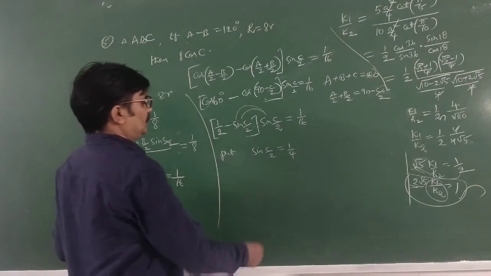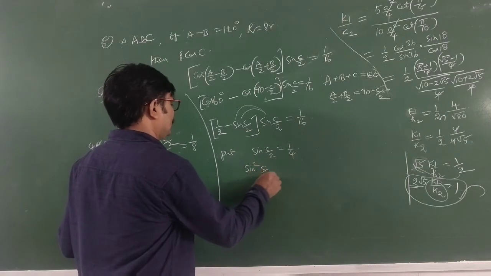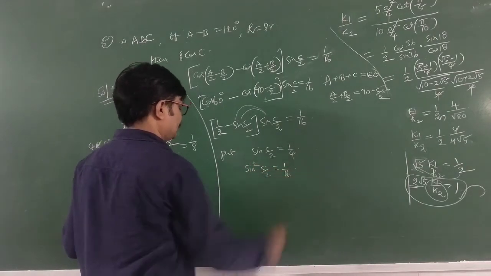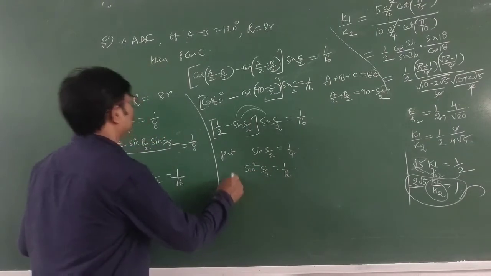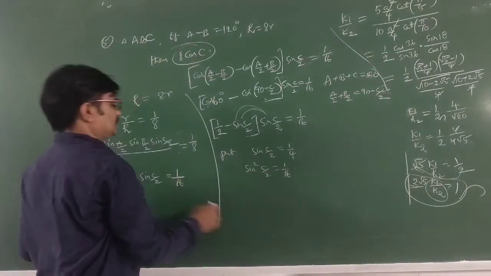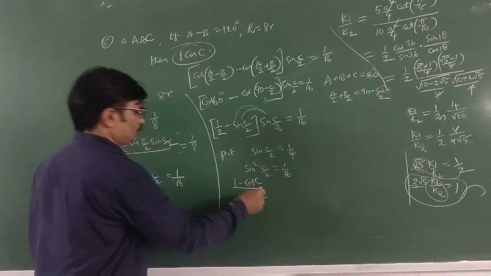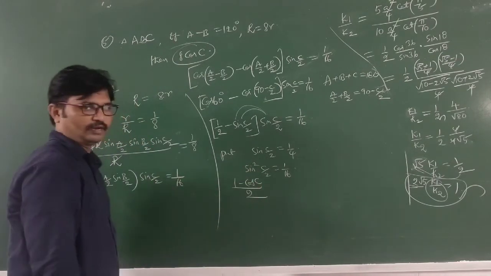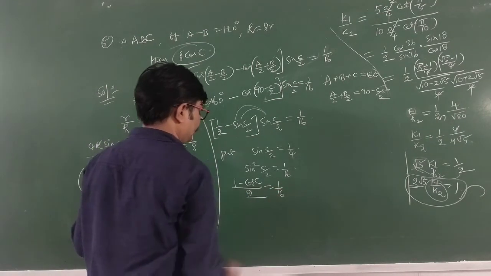Dear students, now squaring on both sides, sin square C by 2 equals 1 by 16. What is the formula of sin square C by 2? We want 8 cos C, that means 1 minus cos C by 2. Sin square C by 2 is 1 minus cos C by 2, equal to 1 by 16.